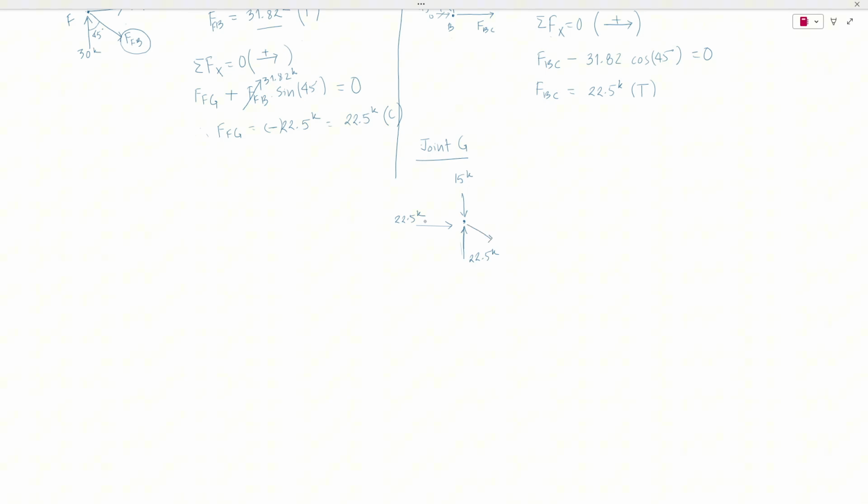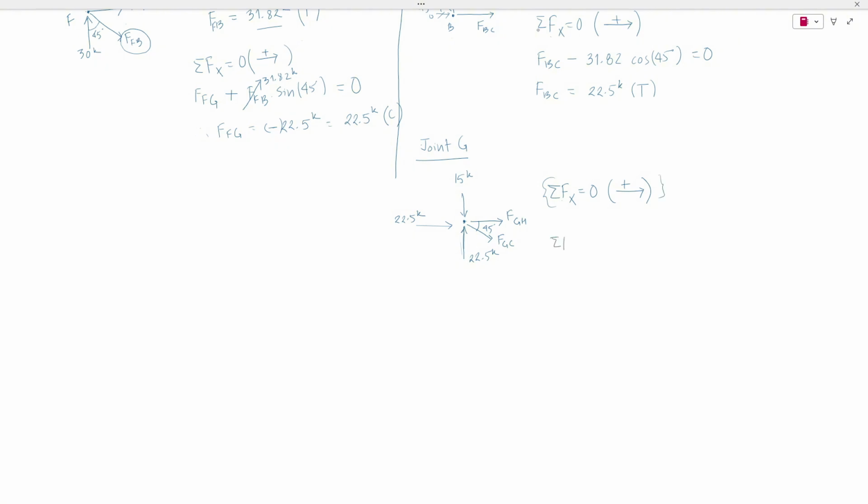This is unknown. Let's consider this as a tensile GC, and then this is unknown. Let's consider this as tensile GH. Again, solving using the equations of equilibrium. Well, actually, if we see here, in the summation of all the forces in the x direction, there are two unknown forces, due to the horizontal component of this and then FGH. So it will be impossible to solve this equation first.